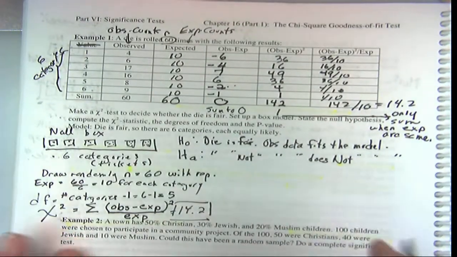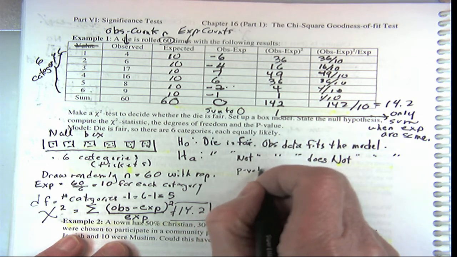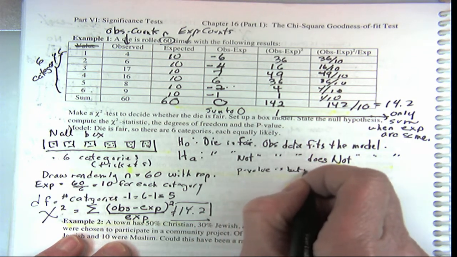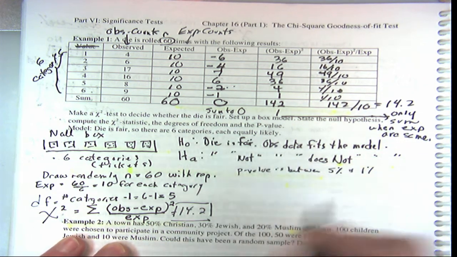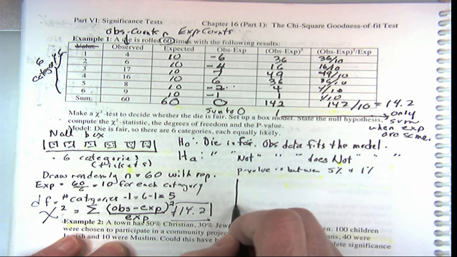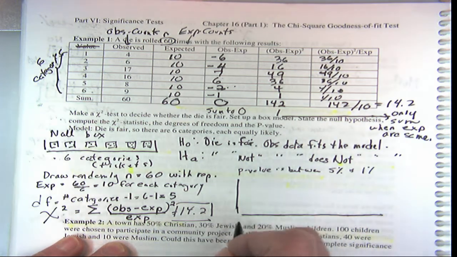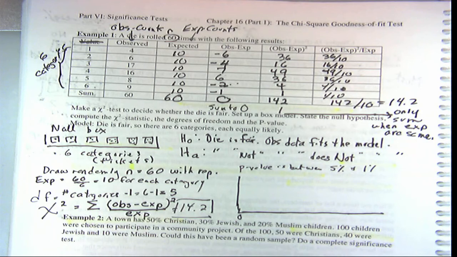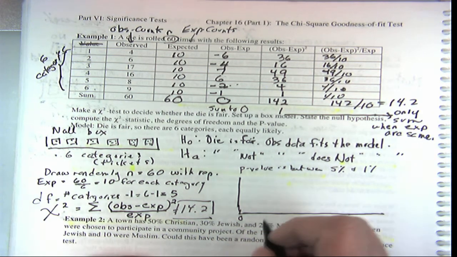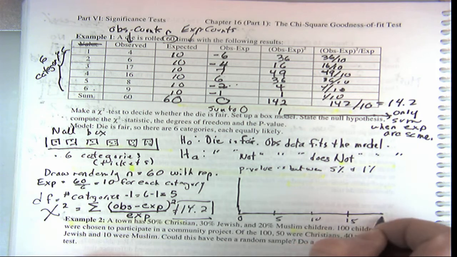So let's just draw this curve so you can get a feel for it this first time. We know that our p-value is between 5% and 1%. There are no negative numbers, because they're squares. So 0, 5, 10, 15, and 20.